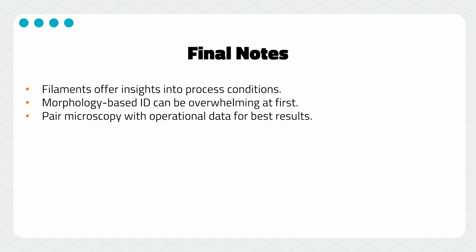Now, as a sort of final notes on filaments, they offer really great insights into process conditions within a wastewater plant. When you look at your different filaments, they can be very overwhelming at first, but it is important to remember that you are not going to be needing to identify every single filament when you're doing routine filament identification.